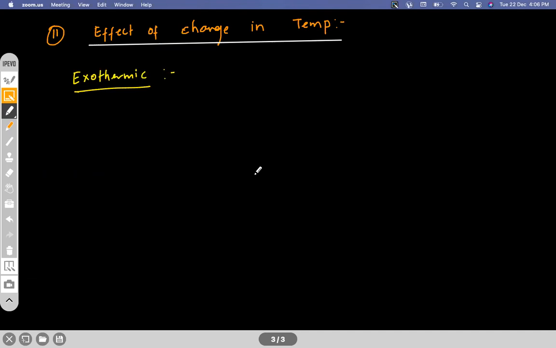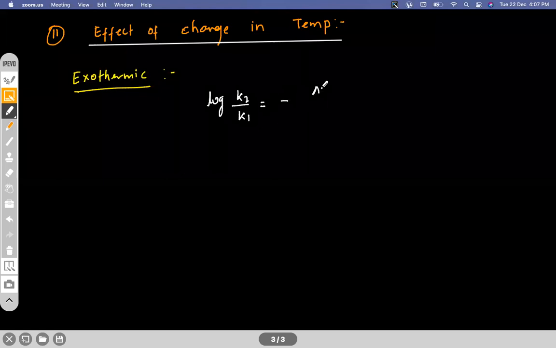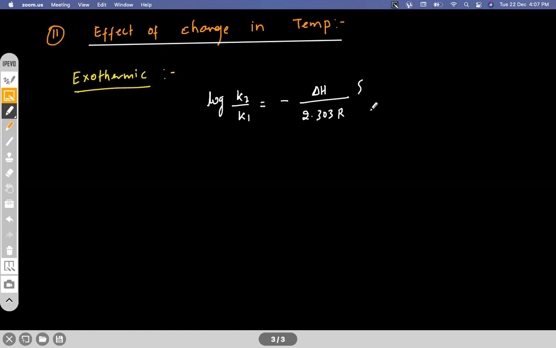For this we have the Van 't Hoff equation, which we did in the last class. Log of K2 by K1 is equal to minus delta H by 2.303 R times (1 by T2 minus 1 by T1). This is the Van 't Hoff equation.